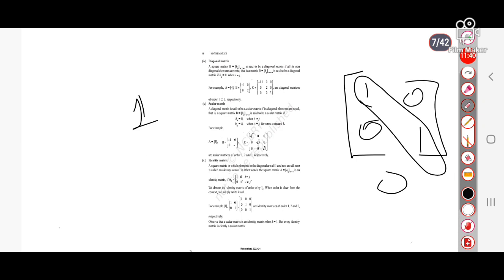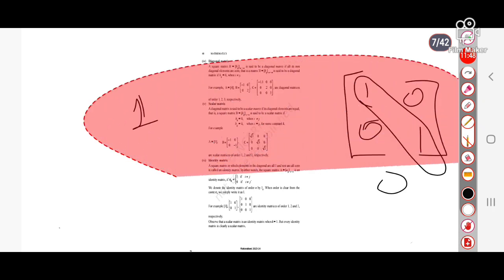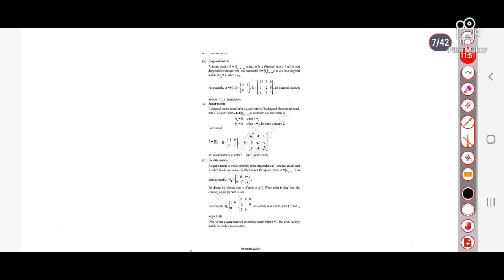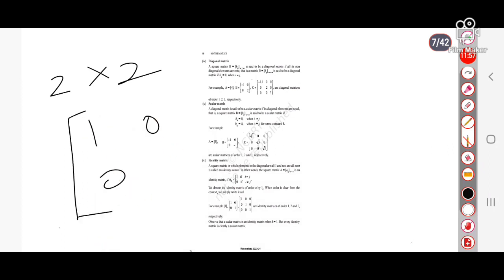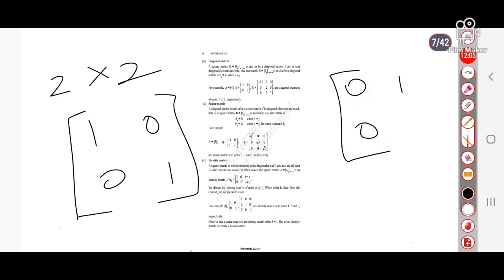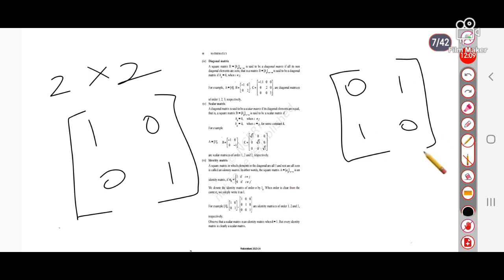So every identity matrix is a diagonal matrix, but not every diagonal matrix is an identity matrix. For a 2 by 2 matrix, there is only one identity matrix: 1, 0, 0, 1.